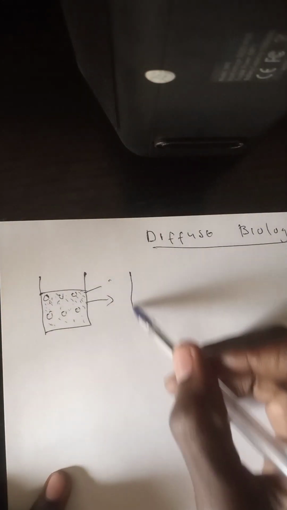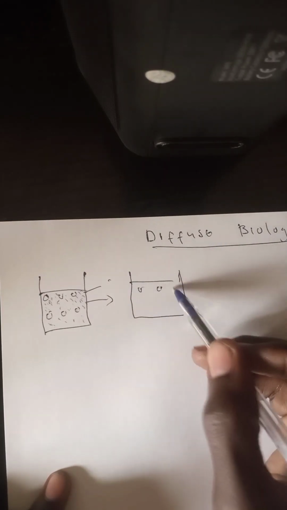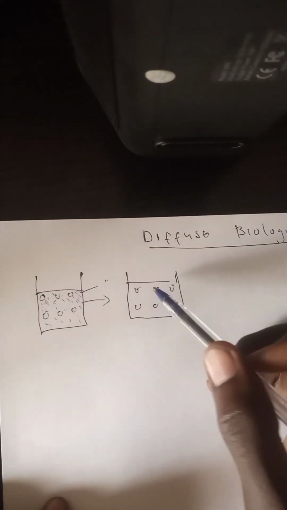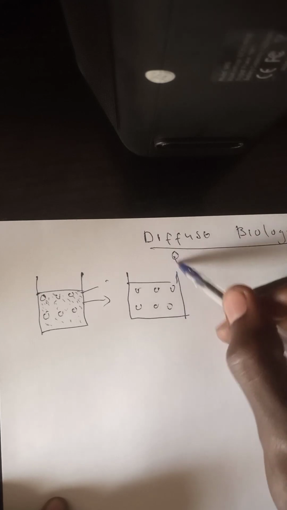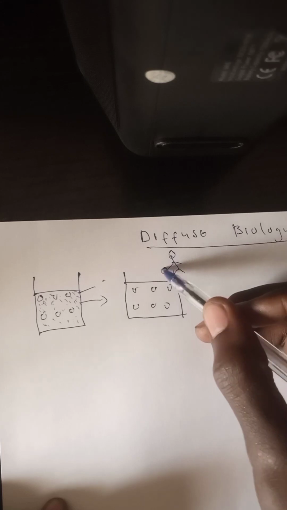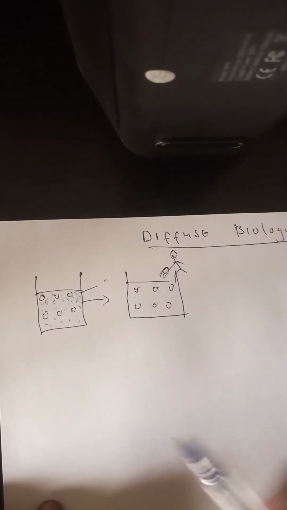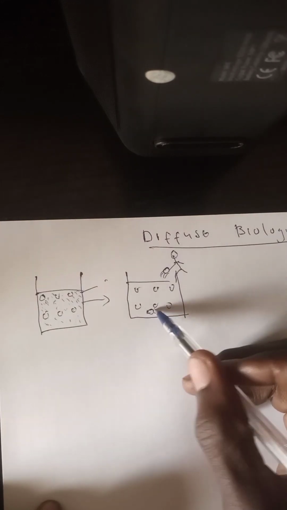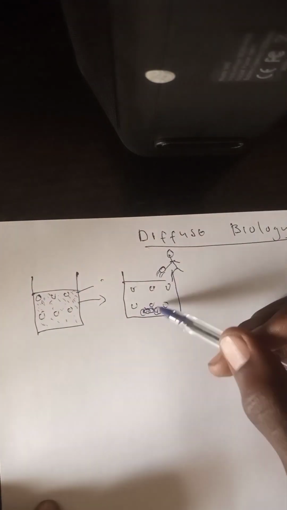Let's say this is another beaker. There are still water particles in there, and then someone adds sugar. When the sugar is placed in this solution, let's say this is the sugar right here, the sugar particles start to move.